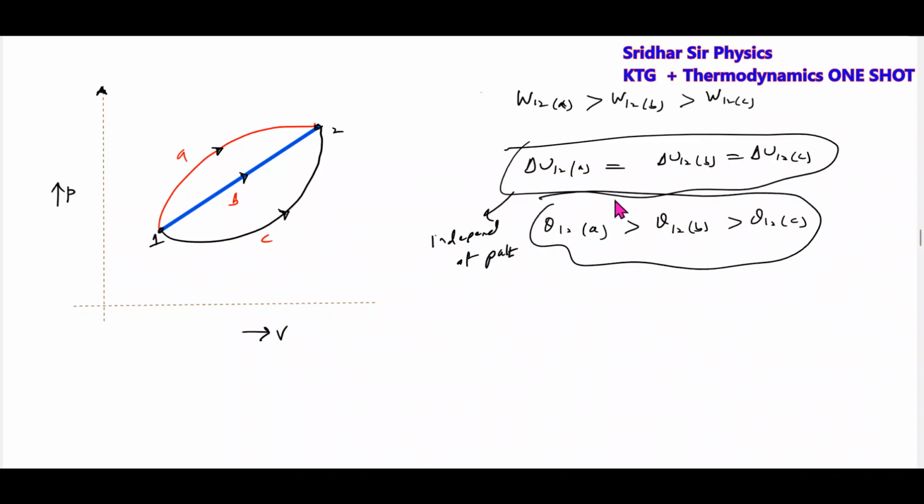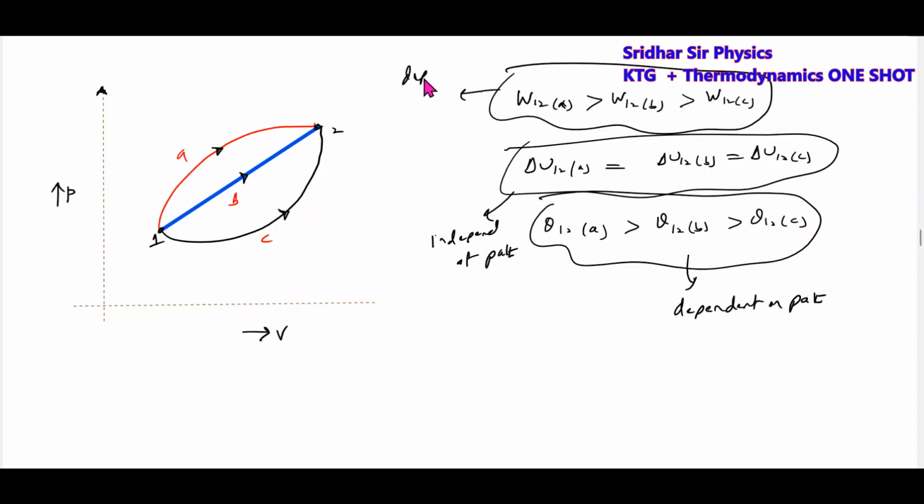What about this? Dependent on path. This also depends on path. Just directly use the formula, Q equal to delta U plus W. If you know delta U and W, you can get the Q.